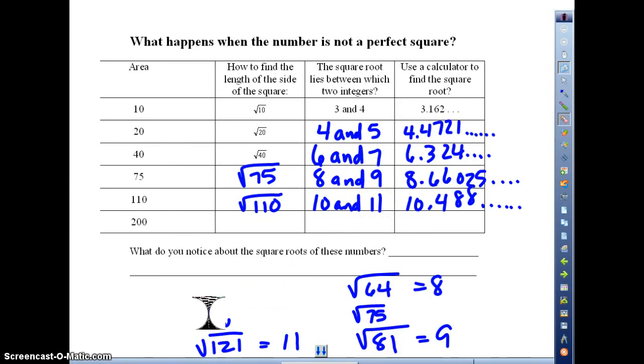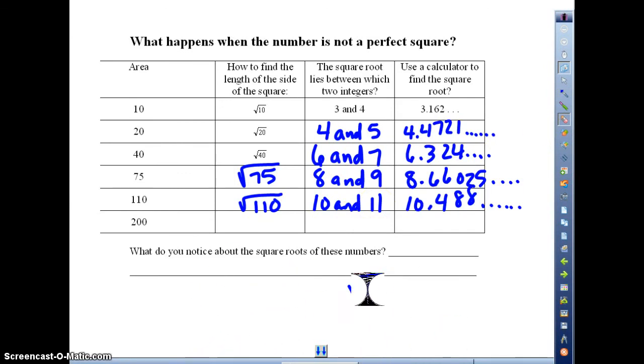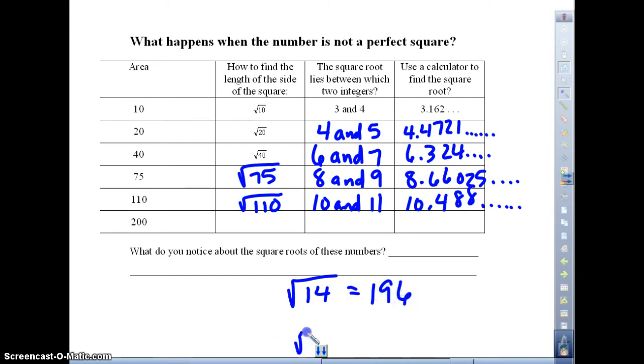I want you to shout it out the next time I ask, okay? Square root of 200. Well, let's see here. I know the square root of 196 is 14, and the square root of 225 is 15. Oops, I'm doing this backwards. Oh my gosh, Mrs. Tucker, it's been a long day.